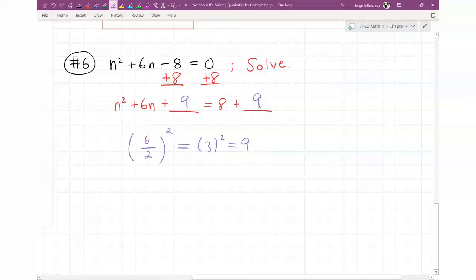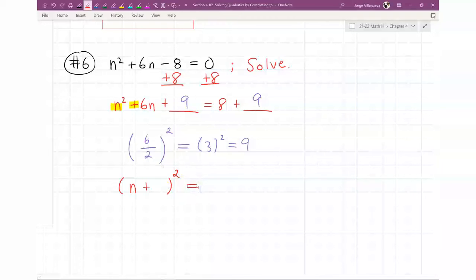All right, so good. So far, so good. Let's factor the left side. Use that little shortcut, right? The first letter, n. The first symbol, plus. Okay, so let me write that down. N plus something squared.